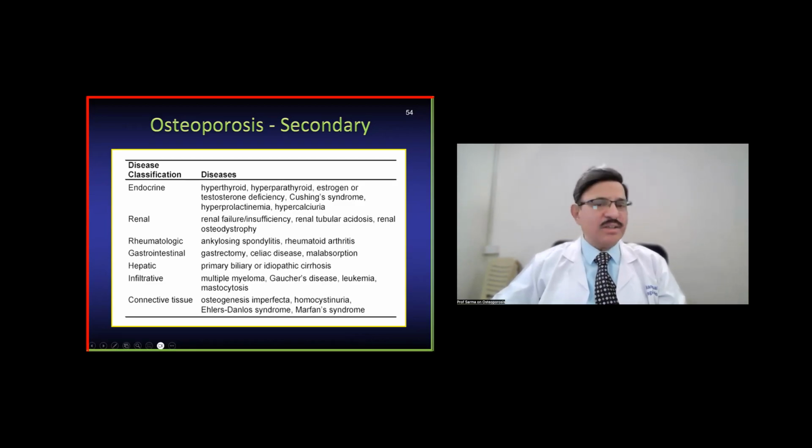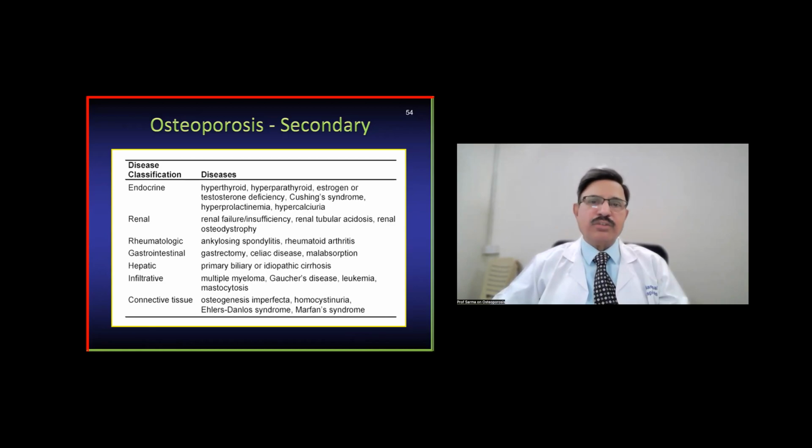Cystic bone disease. Ankylosing spondylitis, the other day we have seen, rheumatoid arthritis, gastrectomy, celiac disease and malabsorption, hepatic primary biliary cirrhosis and idiopathic biliary cirrhosis, multiple myeloma, Gaucher's disease, leukemias, mastocytosis, infiltrative connective tissue disorders like osteogenesis imperfecta, homocystinuria, Ehlers-Danlos syndrome, Marfan syndrome.